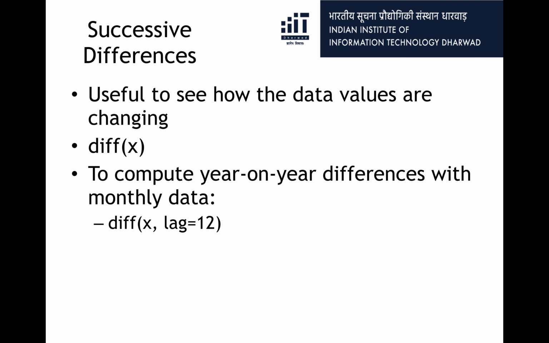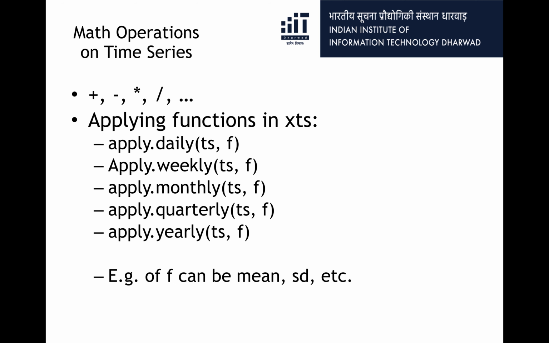Then they will tell you how the numbers differed from the previous quarter, which is October to December of last year, how that was different from January to March. But they will also tell you how this January to March was different from last year's January to March. So both are possible using diff or diff with lag equals 12, and many more such things.